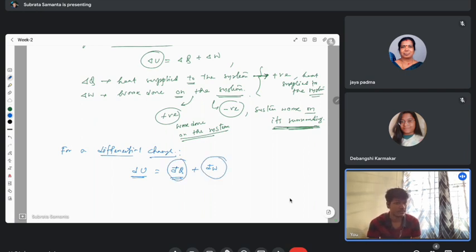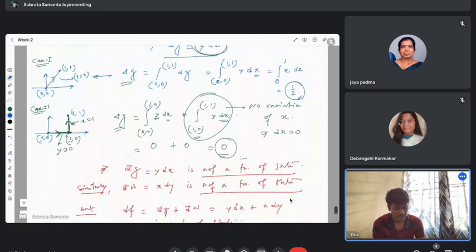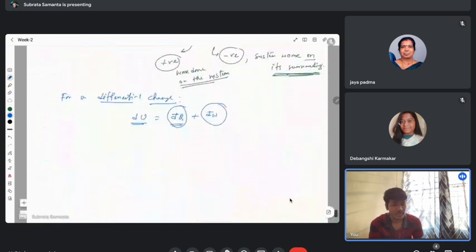This is the first law of thermodynamics. As in the workout example, where df is a function of state and dg is not, that is why we put a cut on the derivatives. The first law of thermodynamics is the same thing. So dU is a function of state, and these are not functions of state.